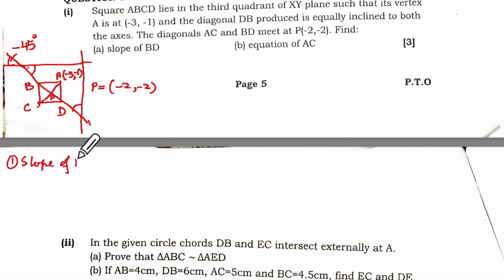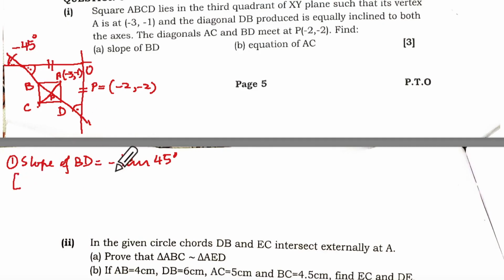Slope of BD is going to be equal to minus tan 45 degrees because they are equally inclined, right? See, this is equal to this. So this is 45, this is 45. So the inclination of BD is minus 45.